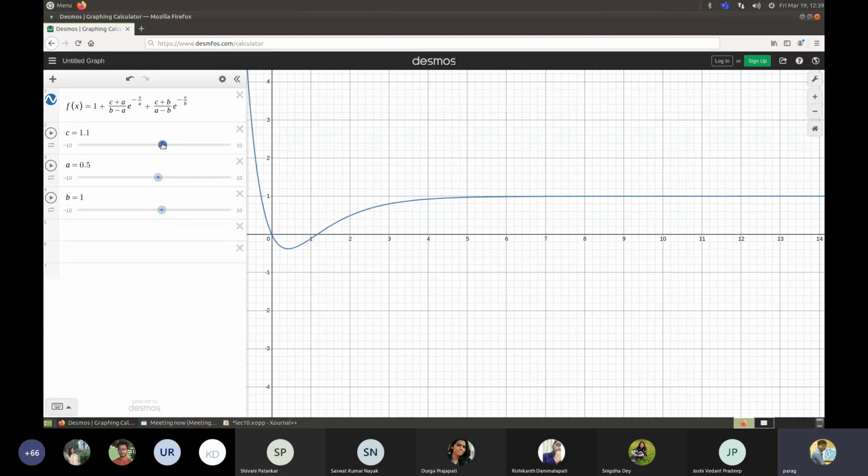So as I increase the value of C, now the dynamics becomes faster, although in the reverse direction. So the effect of a zero on the dynamics of any system is that, whether inverse or not, it would make the response faster.